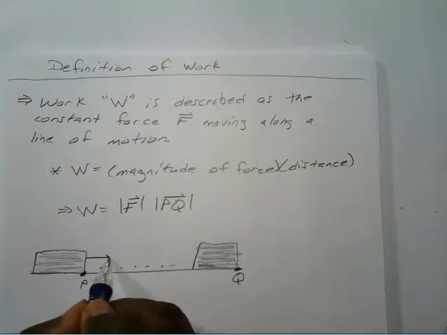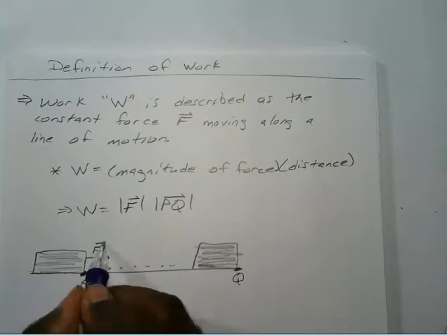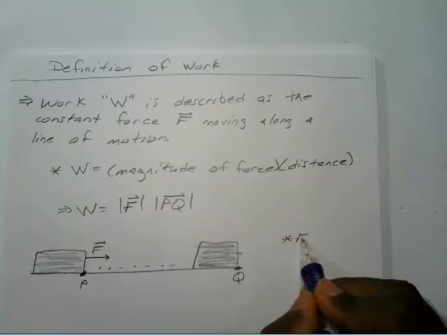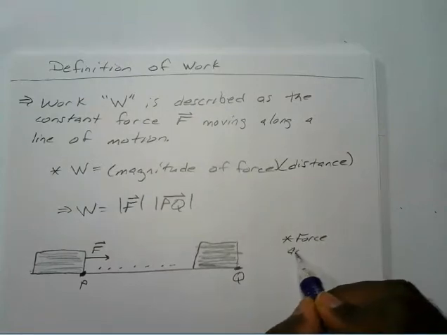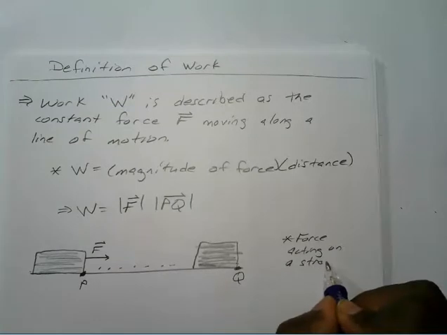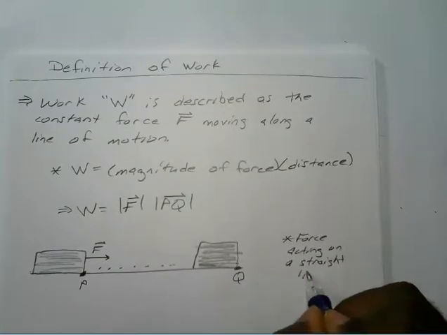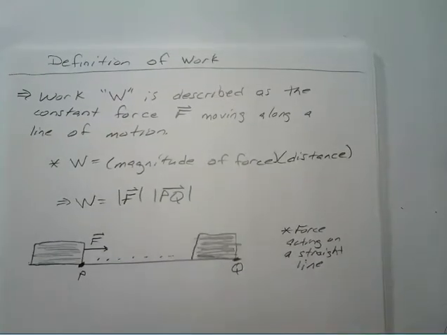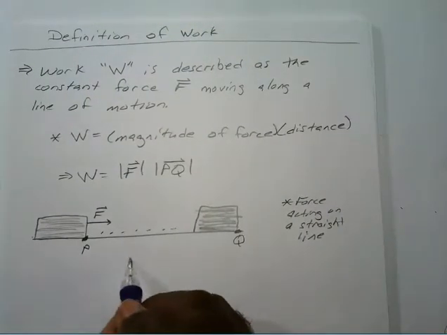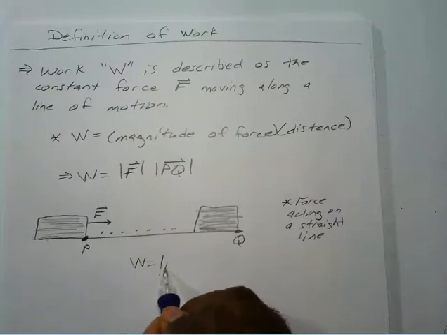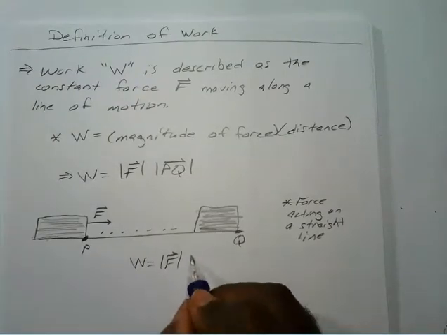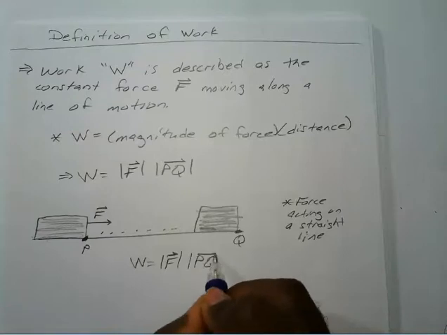We could have some straight line force moving it. And really, this is just force acting on a straight line. Okay, so in this case, work is equal to the magnitude of force times the distance from P to Q.